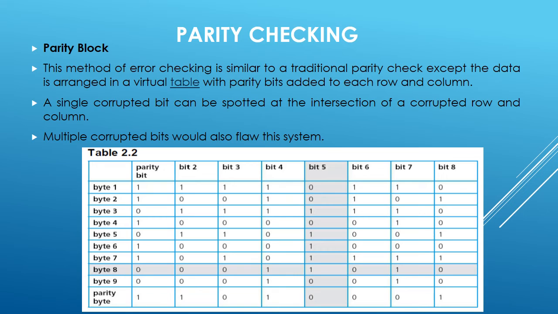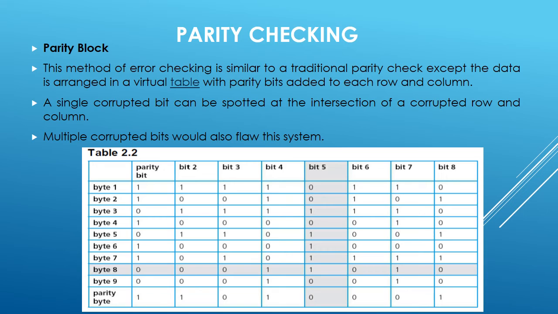Now let's consider each column. At the first column, which is the parity bit column, we need to see that there are 5 ones, and to make it even, 1 is added in the last row, which is correct. In the second column, there are 3 ones. So to make it even, 1 is added, which is correct.